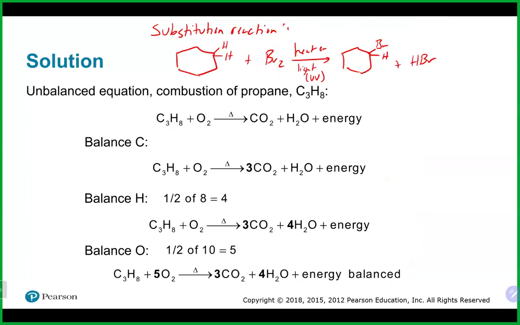So if we take a look at this reaction, same idea. This is cyclohexane. It has two hydrogens at each of the carbons. And once again here, what's going to happen is this hydrogen is going to come off, and one of these bromines is going to take its place and come on. And once again, nothing else changes other than you pop the bromine up there.